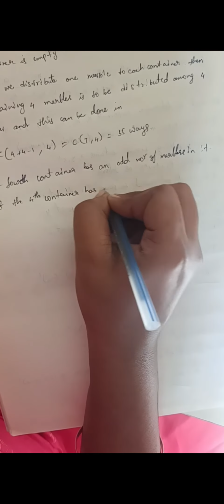If the fourth container has to get an odd number of marbles, we have to put 1 or 3 or 5 or 7 marbles in it.